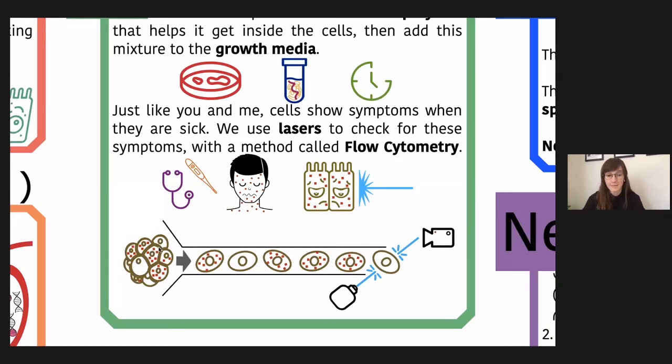It's a big machine that takes cells and lines them up single file, one by one. The cells flow through and pass by a laser beam, and there's a little detector on the other side that can tell how much light is passing through. In the data that I am going to show next, the more light that comes through the cells, the sicker they are. That's how we're going to tell whether or not our treatment is working.